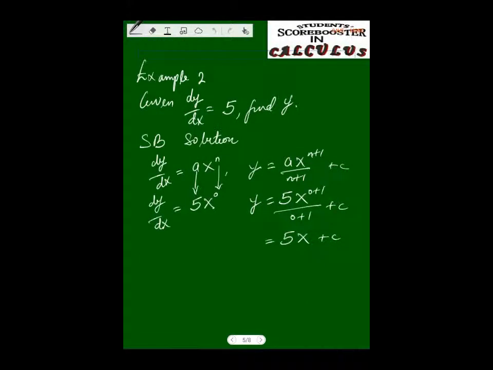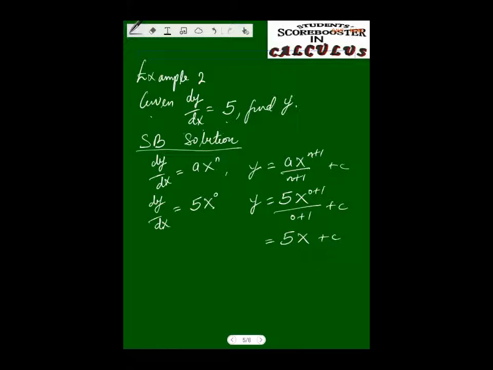Let's look at another example. Example 2: given that dy/dx is equal to 5, find y. This is a constant this time. Solution: still the same thing. Let me try to explain.